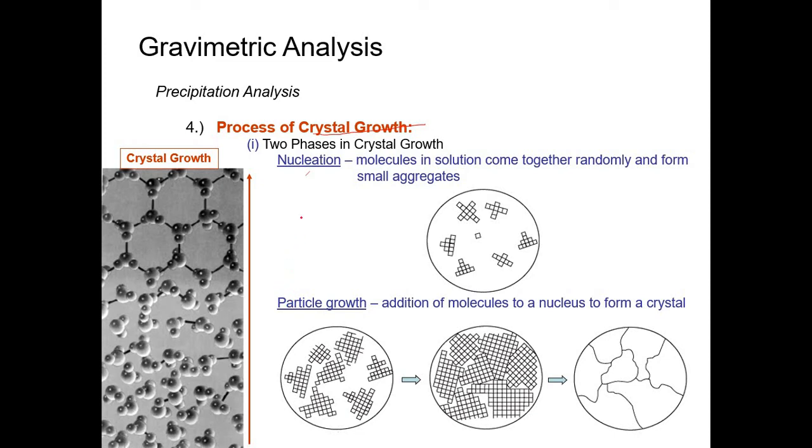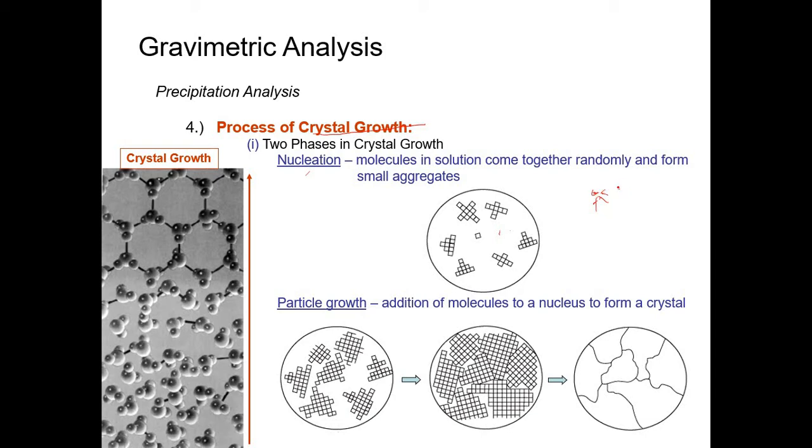Nucleation is when molecules in solution come together randomly and form small aggregates. If there is one nucleus, that acts as the stimulus for the others to aggregate there, so you form a crystal.